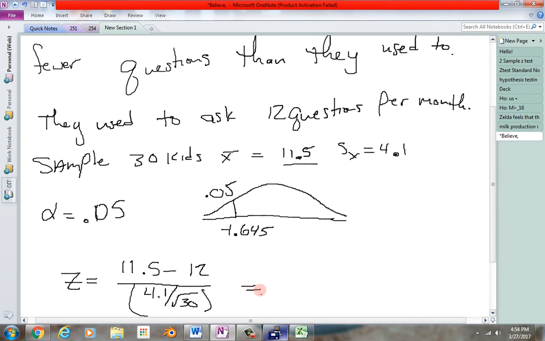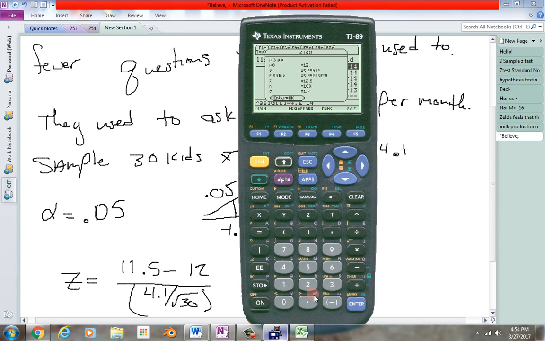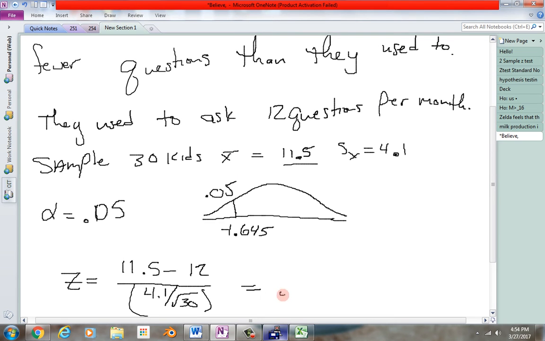And so this comes out to be, let's get a calculator up here. 0.5 divided by 4.1, divided by the square root of 30. There you go. And let's see what that comes out to be, 0.66. We get a negative 0.6. Oh, I put in just positive 0.5. I apologize. It should have been negative 0.5.